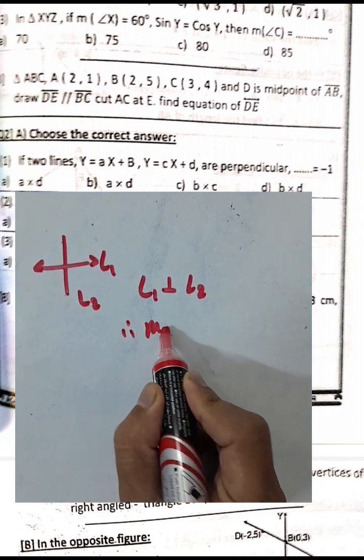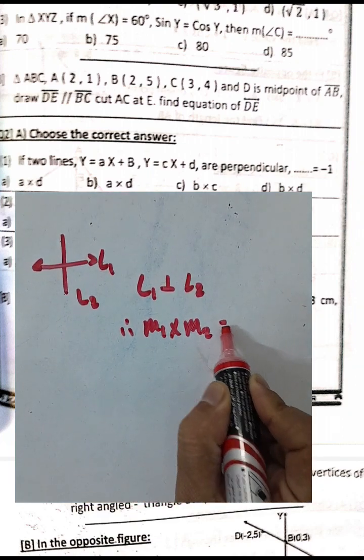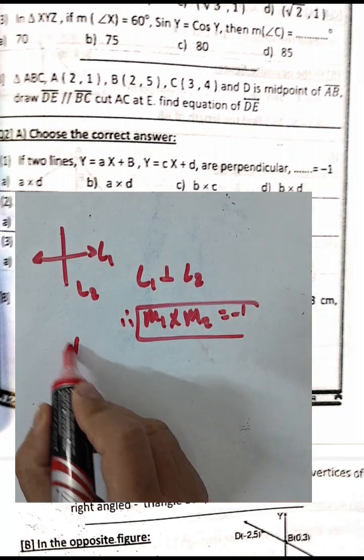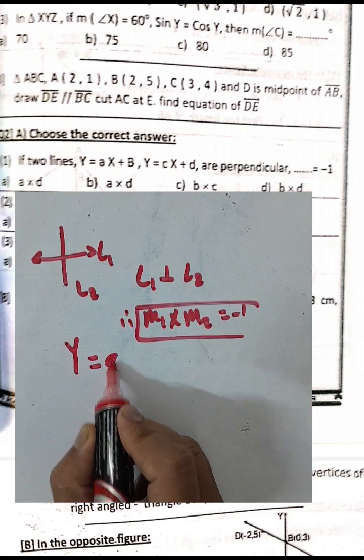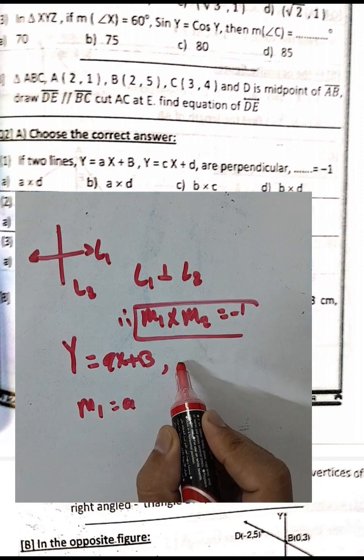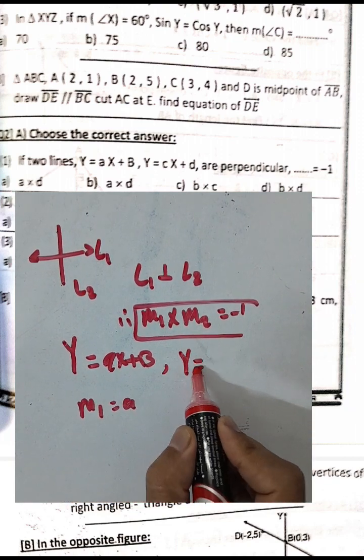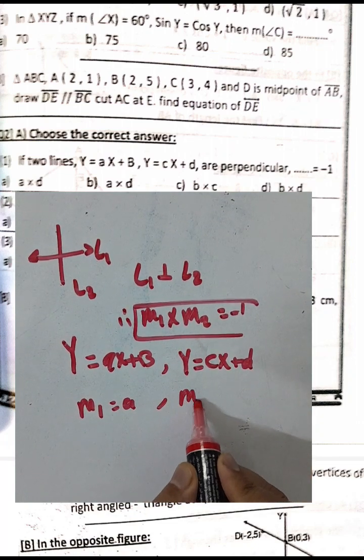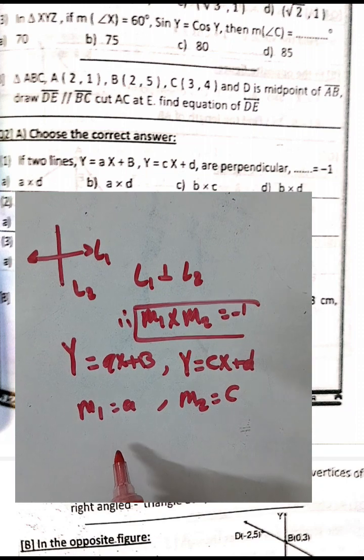Then slope 1 times slope 2 equals negative 1. And then you can find the slope of the equation y equals ax plus b, then slope 1 equals a. And the second equation y equals cx plus d, then slope 2 equals c.